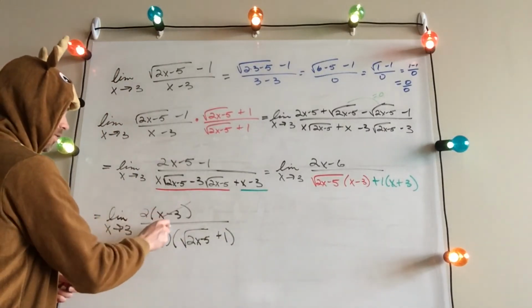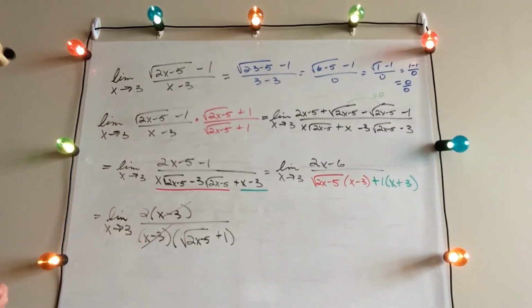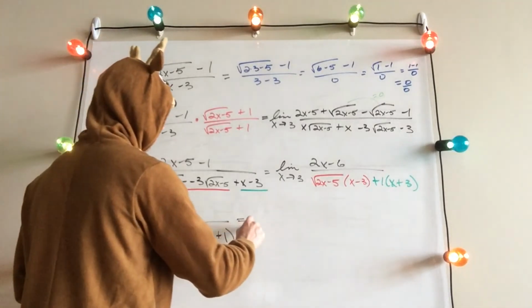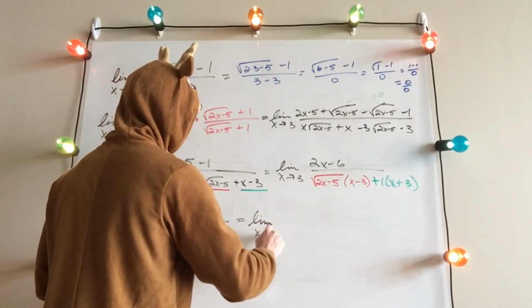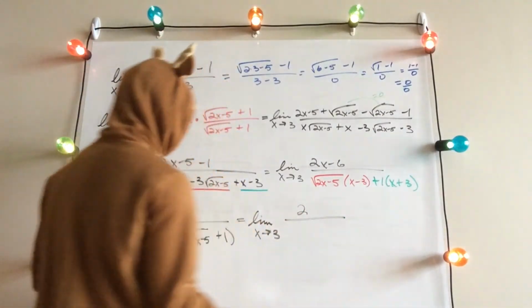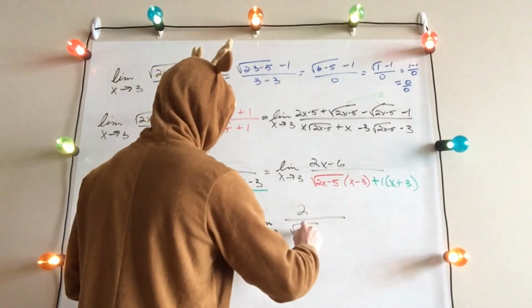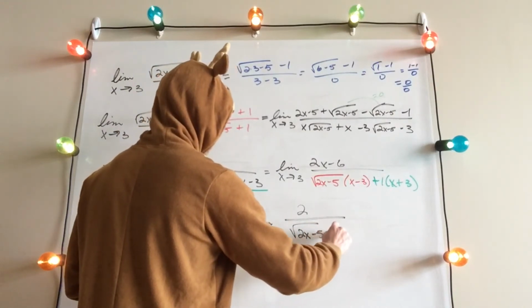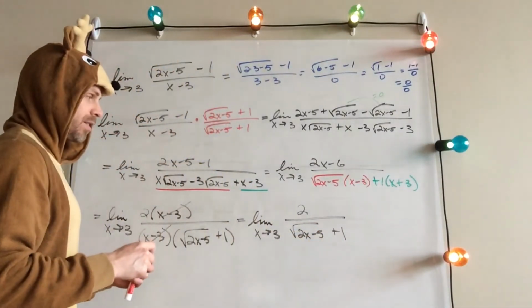Our x minus 3 quantities cancel out. 2 up top. And now let's try direct substitution.